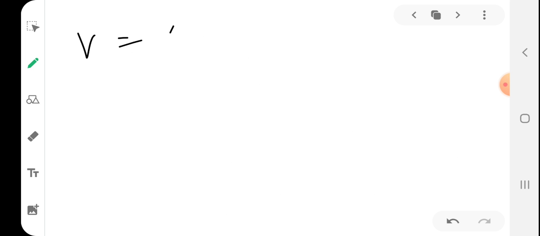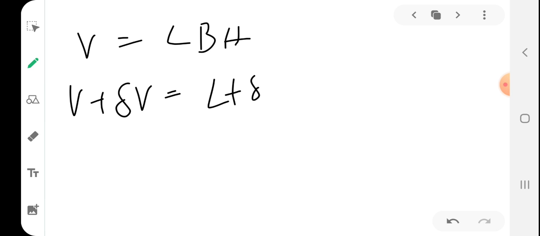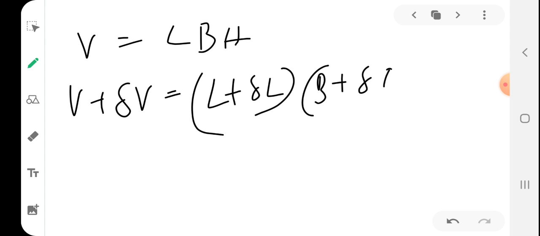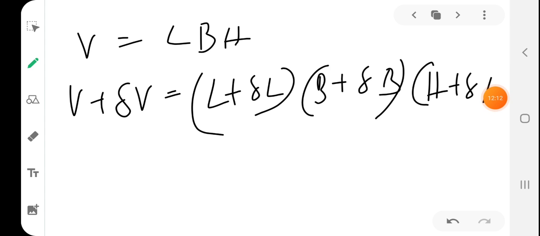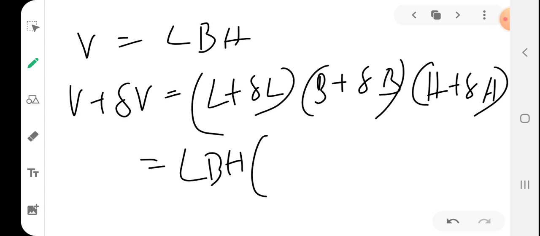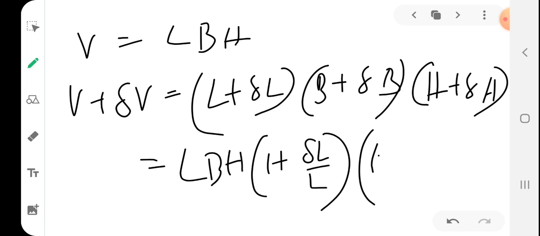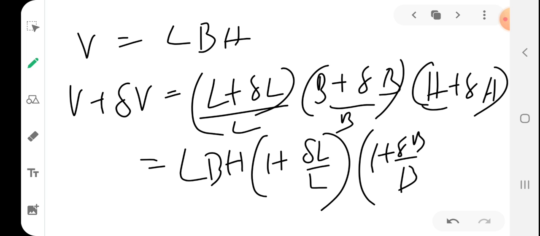If V is LBH, and there is a change in volume, V plus delta V, then there will be a change in all three parameters, delta L, delta B and delta H. If you open the bracket, you get LBH times a bracket, taking L, B and H common from all three terms.